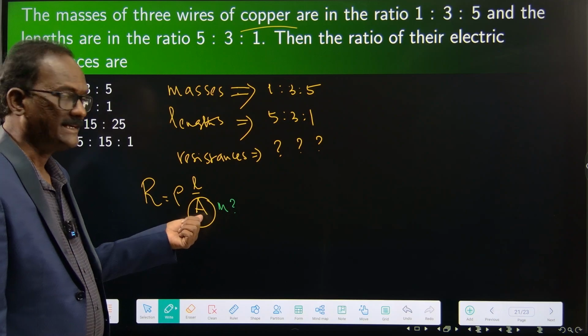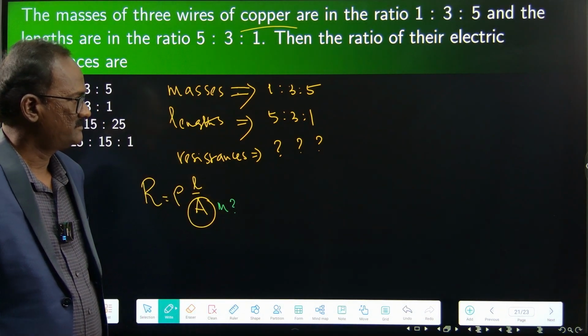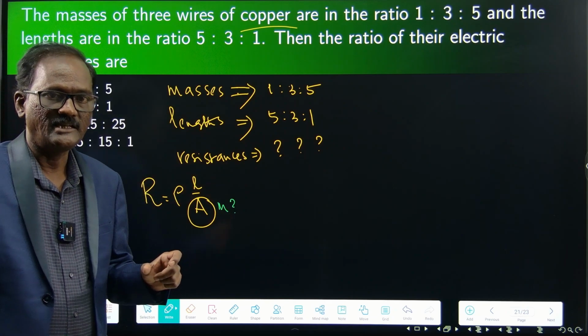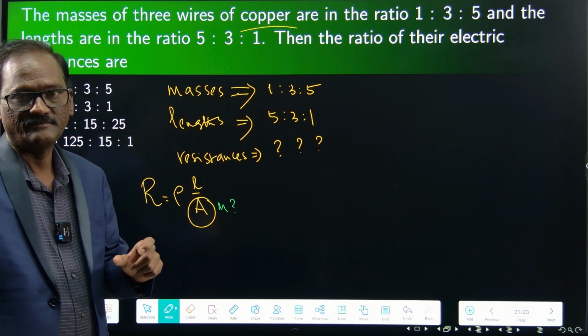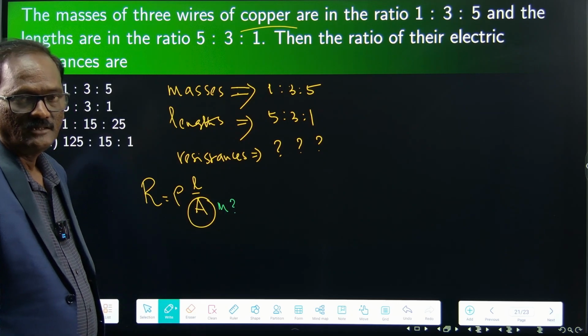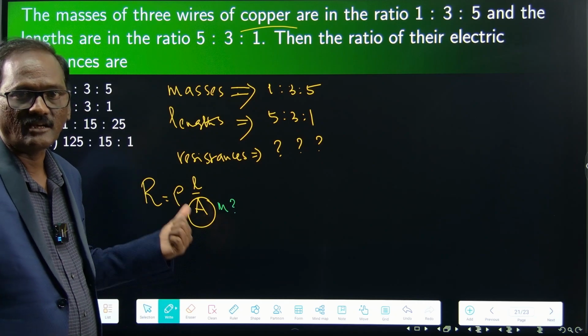We have to connect mass and A here. If you do it, the problem is over. For the given material, density gives the connection with the volume. Volume we can easily bring here instead of A.